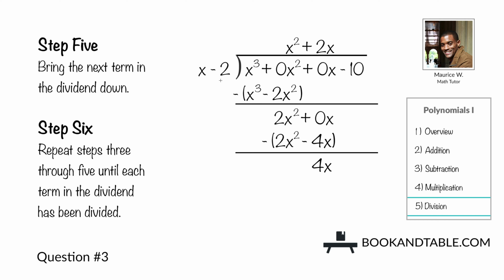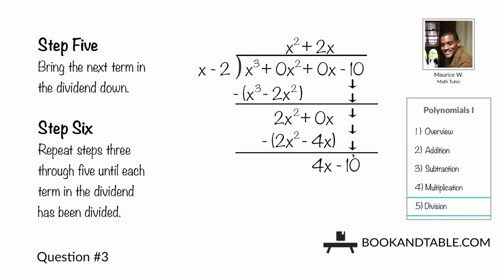And 2x times negative 2 is negative 4x. We subtract that product from the dividend, giving us 2x squared minus 2x squared, which is 0. And 0x minus negative 4x is 0x plus positive 4x, which is 4x.